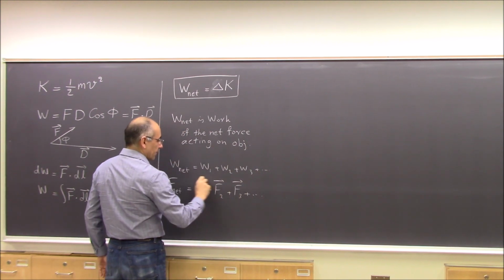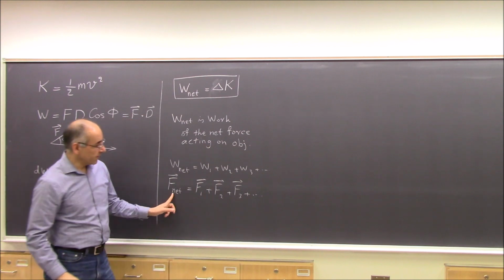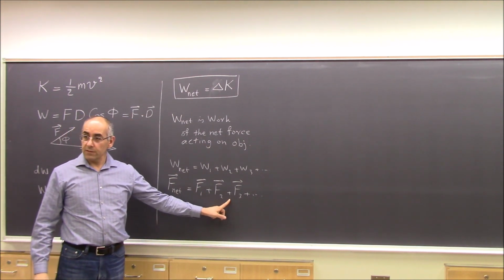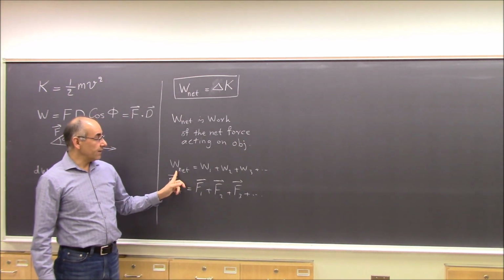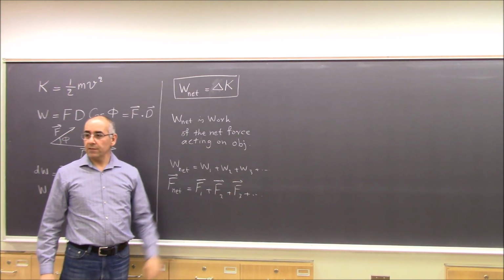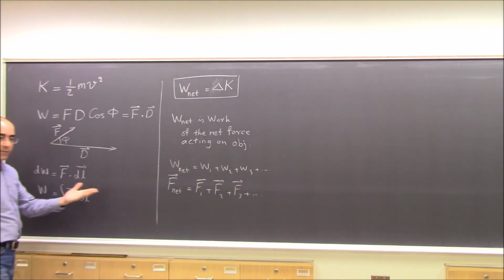Right? So if F net is made up of these individual forces, W net is the sum of the W's, because the dot product is distributive.